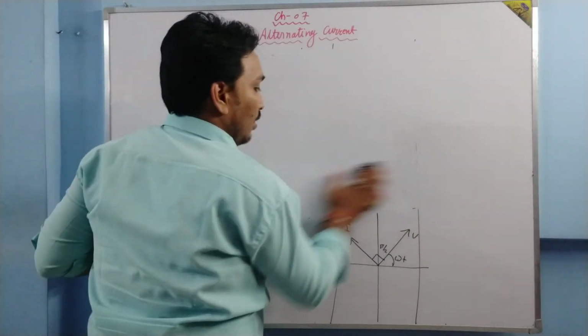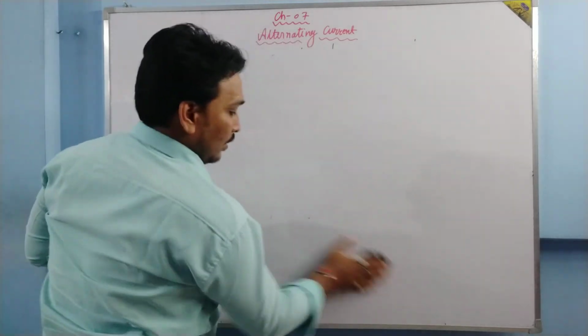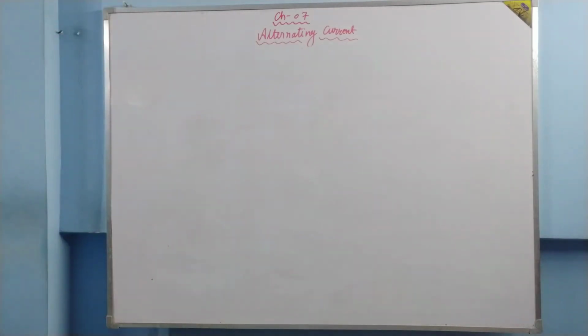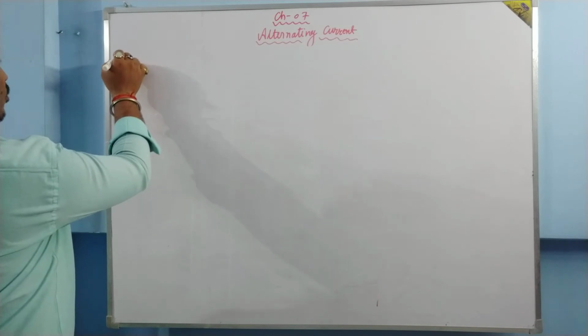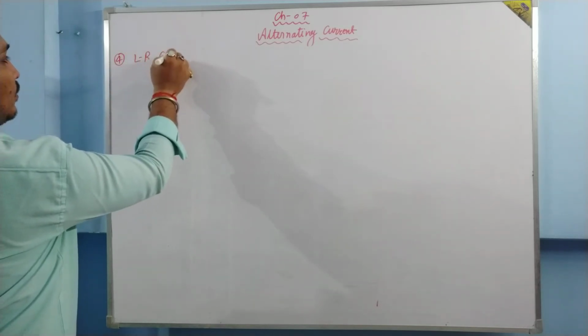And let me make a table for the same. Okay. The next combination, the fourth circuit, is LR circuit.